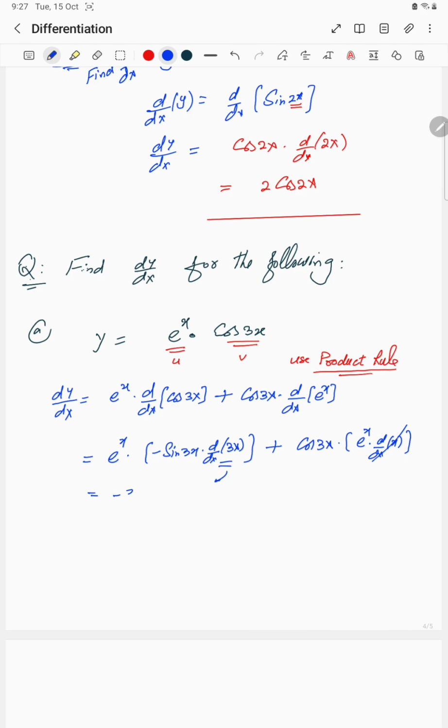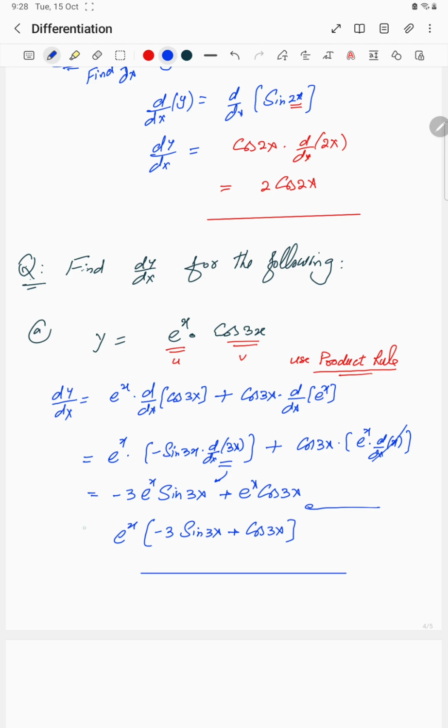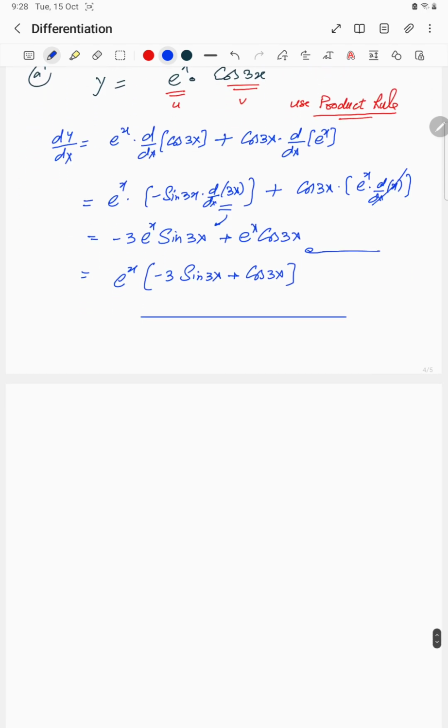So I will write minus 3 e power x sine of 3x plus e power x cosine of 3x. Or if you want to simplify, you can take e power x common. You have e power x times minus 3 sine of 3x plus cosine of 3x. That should be the better answer for this question. I hope it is clear. Let's do another example.